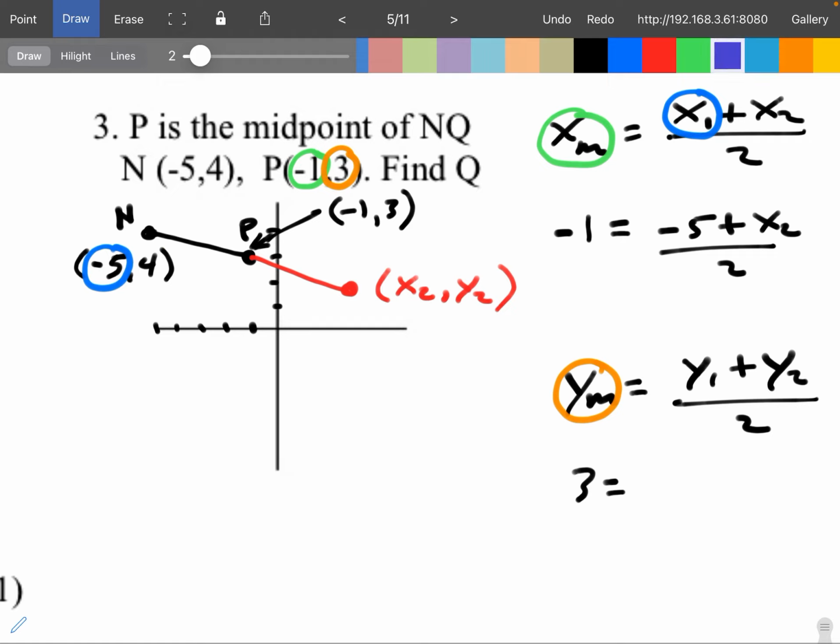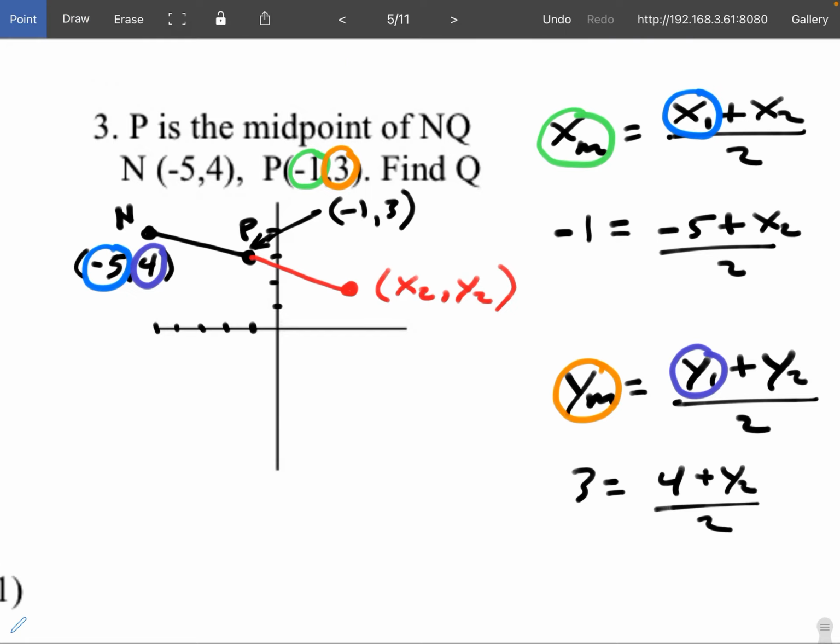So the y coordinate of the midpoint is 3, so we're going to put that in right here. So that would be 3 equals, and then the y coordinate of the one endpoint that we know is 4.